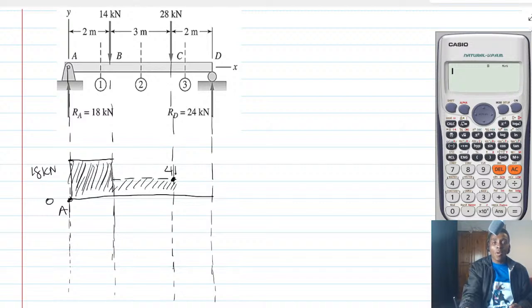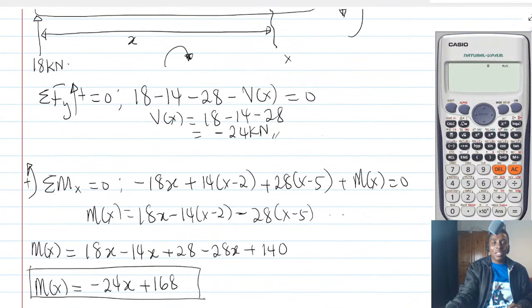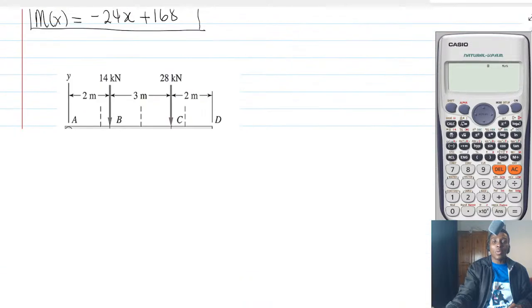This is 4 kilonewton. And then in the last part, you drop down to minus 24.